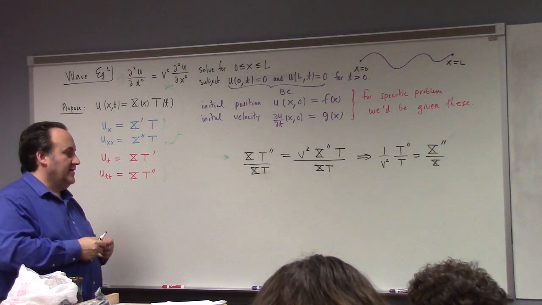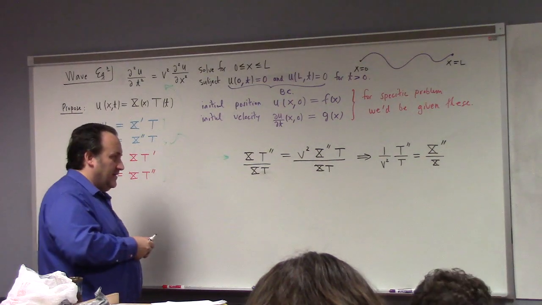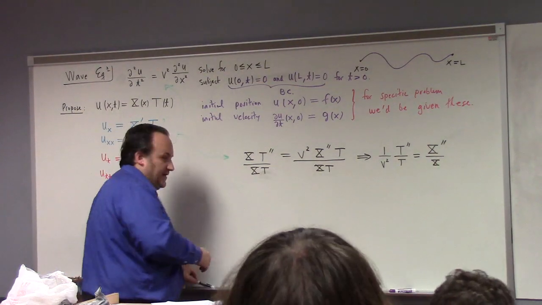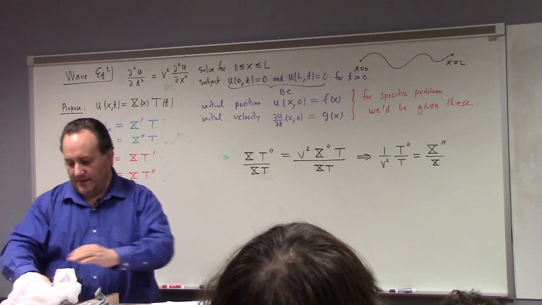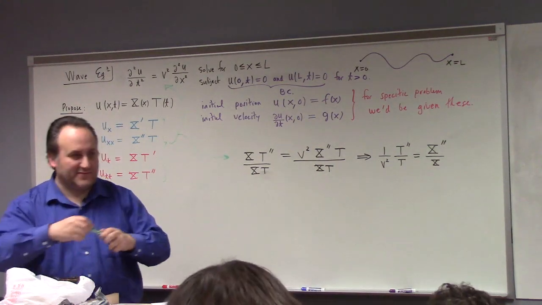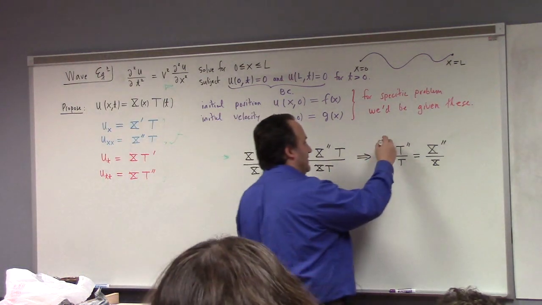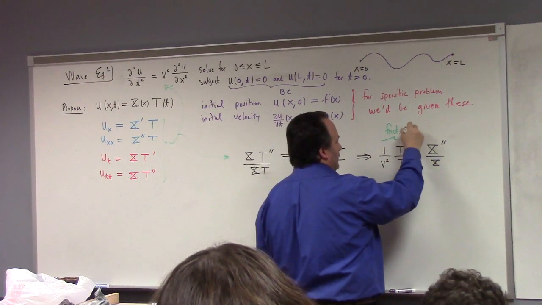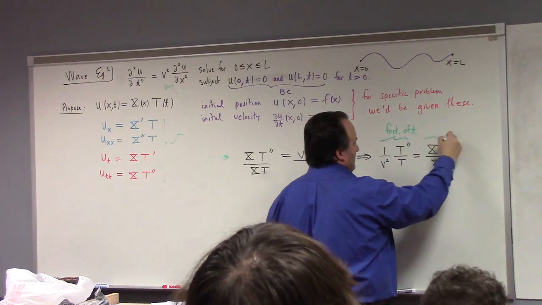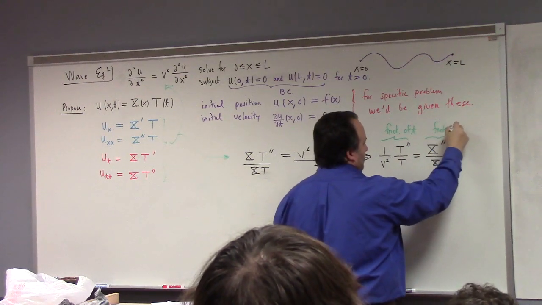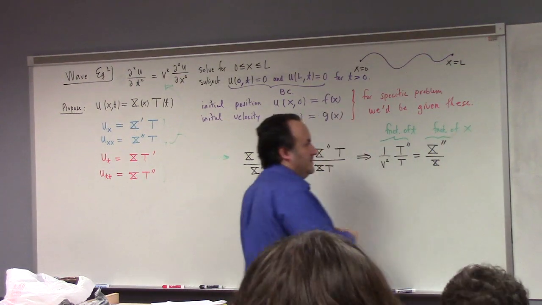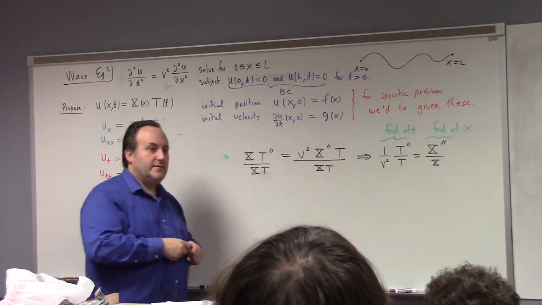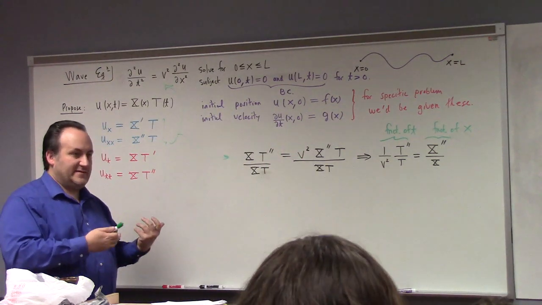Now, as we discussed last class, we have a very interesting equation in front of us. Maybe very interesting is too much of a stretch, but this right here is a function of t, and this over here is a function of x alone. So the only way that can happen is if we're looking at a constant.